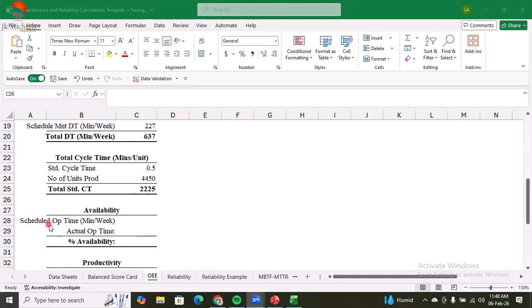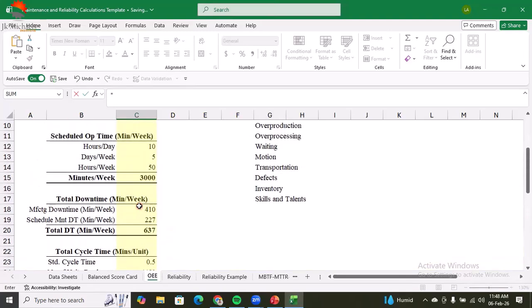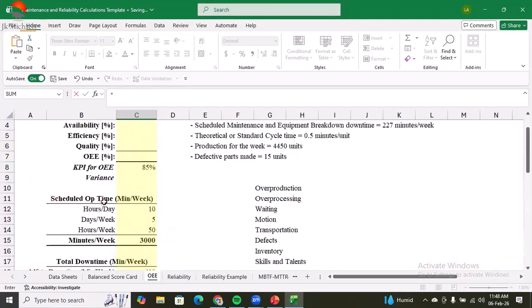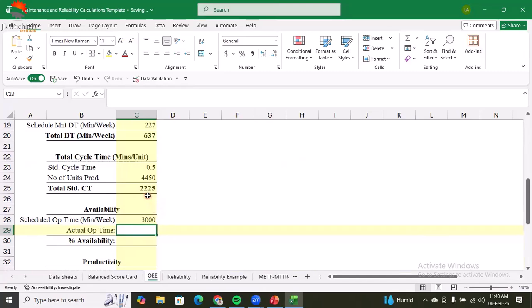Now we have scheduled operation time. Scheduled operation time is our actual plant time, and that is the perfect availability, right? The ceiling for availability. And we agreed that scheduled operation time would be 3,000 minutes per week. But our actual operation time is pretty shaky.